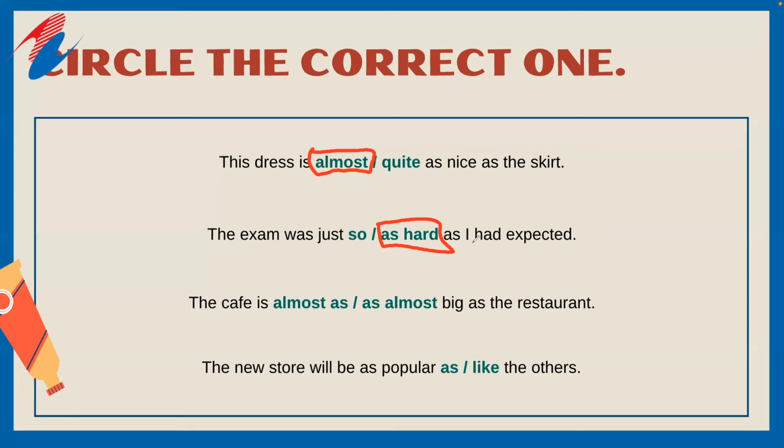네, okay. Now let's look at number 3. Number 3 is the cafe is almost as big as the restaurant, or the cafe is as almost big as the restaurant. 네? 둘 중에 하나 고르시고 그리고 제가 정답을 말할게요. 네, 정답은요.